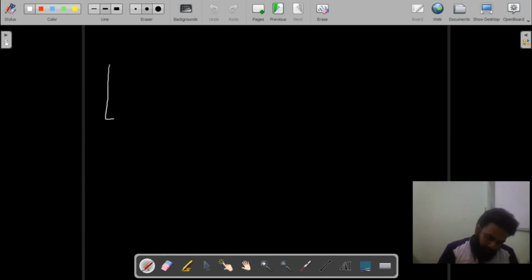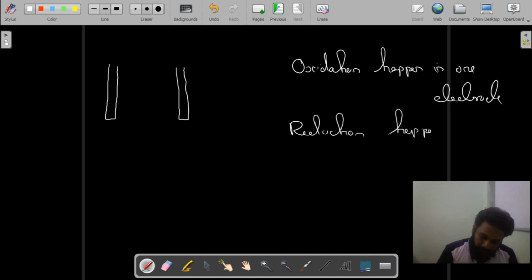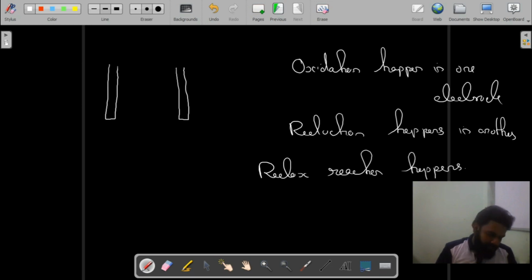Suppose two electrodes like this are dipped in electrolyte. As you have studied, oxidation happens in one electrode and reduction happens in another. So we can say an overall redox reaction happens here.